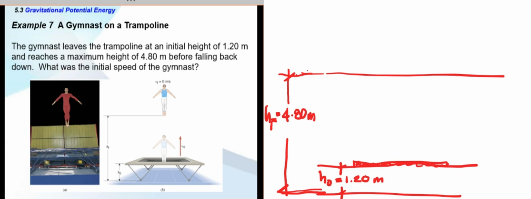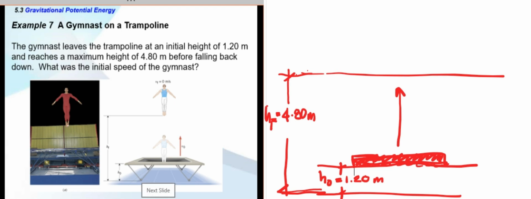So the gymnast jumps going up, and the initial position is 1.20 meters, and the maximum height reached by the gymnast is 4.80 meters. Now let us look at the solution.